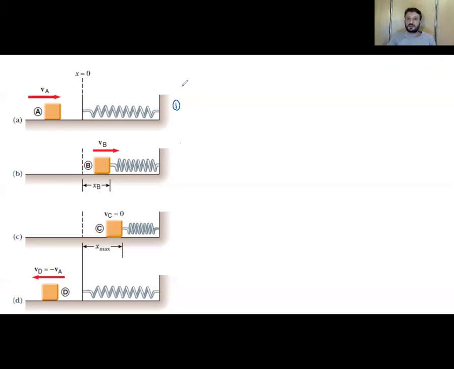In this state, before the collision, the spring has no elastic potential energy, so the elastic potential energy equals 0 because x equals 0.